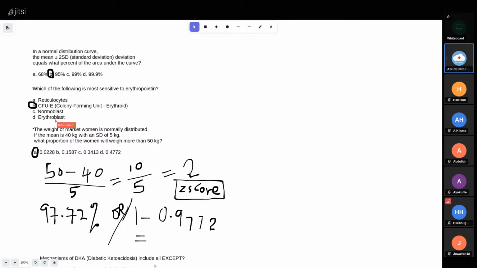We have BCG, diphtheria, yellow fever, OPV. Of course BCG is correct.